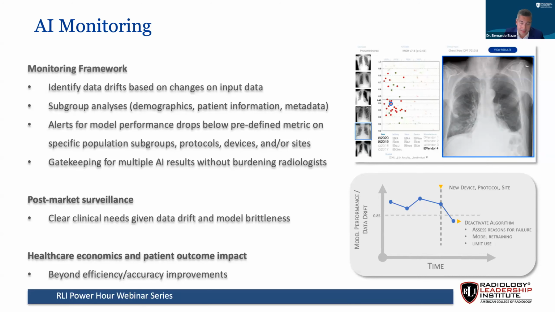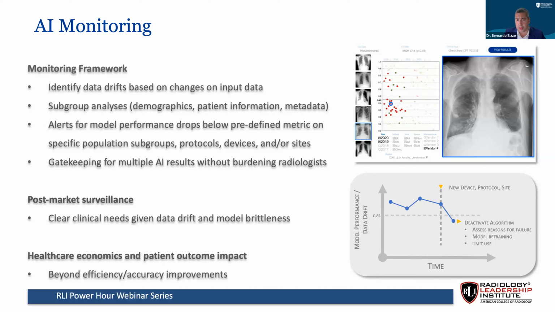There were too many mistakes, for example. Also, automated ways to find out when input data has changed, meaning data drift happened, and results that are too far from expected ranges. All that with ongoing subgroup analysis for different manufacturers, scanners, protocols, subpopulations, and so on. So we can watch out for data drift and other issues.